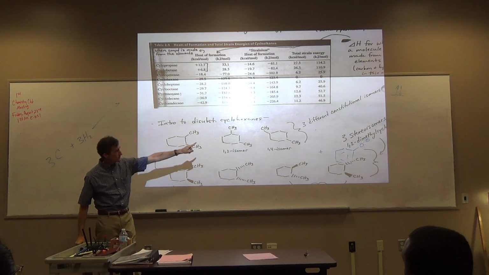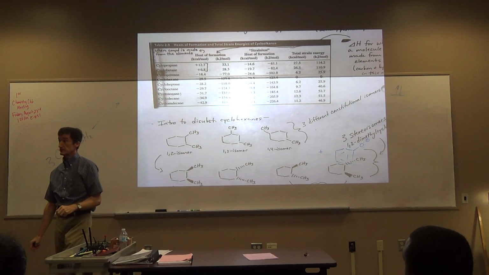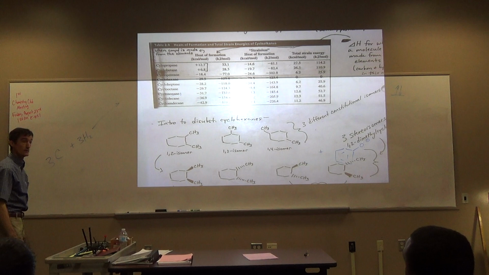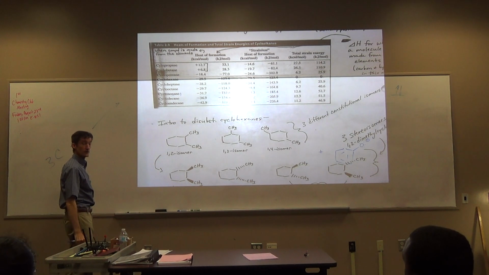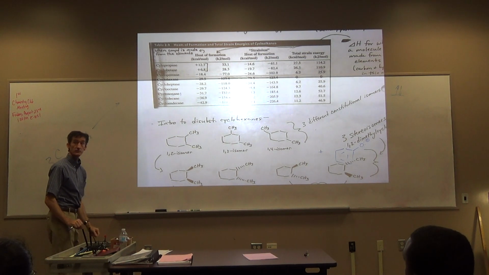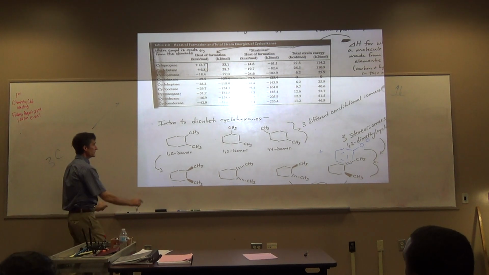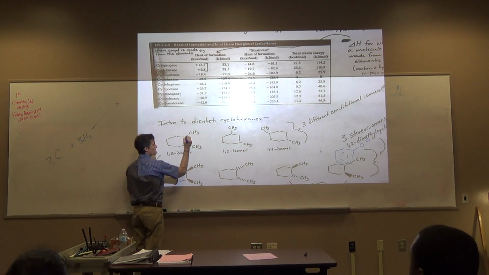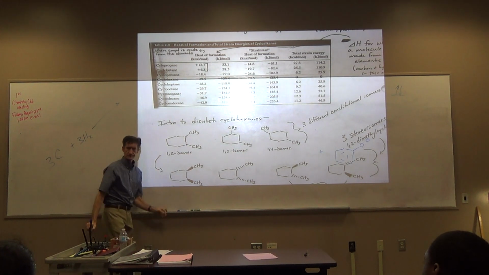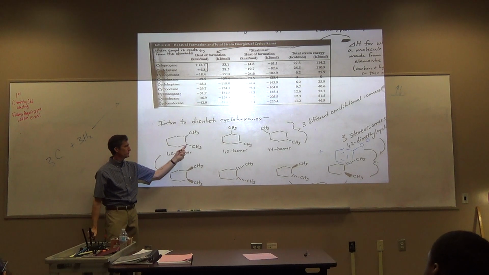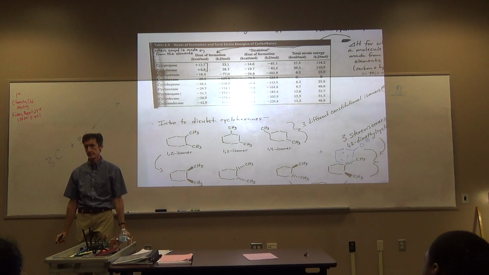These 3 are different constitutional isomers, yeah? Which definition is what? You got your definition? Good to go? Same formula, but different connectivity. Does this meet the definition of constitutional isomer? This is called the 1,2 isomer because if this is 1, the other one's at the 2 position. And I could have said 1,2 the other way, same thing.